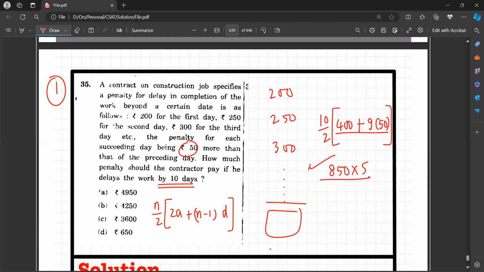Got it? 850 into 5. 900 into 5 is how much? 4500. So that means 800 into 5 is how much? 4000. Answer would lie between 4,000 and 4,500. Is it clear? So only option is B. So the answer will be B. 4250. Clear?